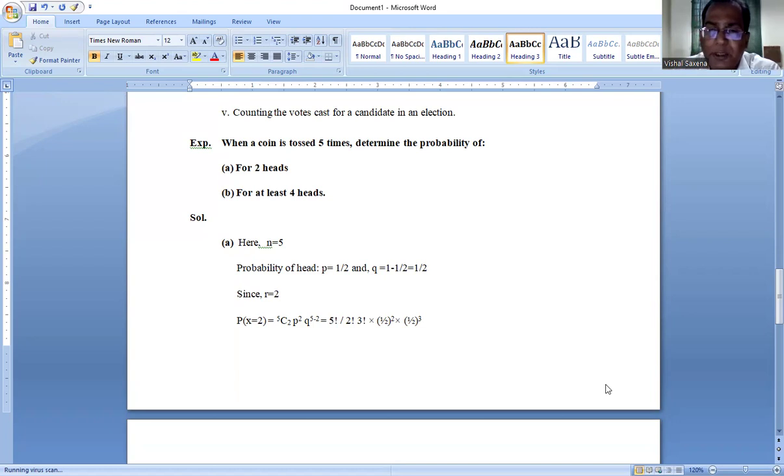Sufficiently large means it does not show a very small value. So this is the case of the Poisson distribution, which is a discrete probability distribution.